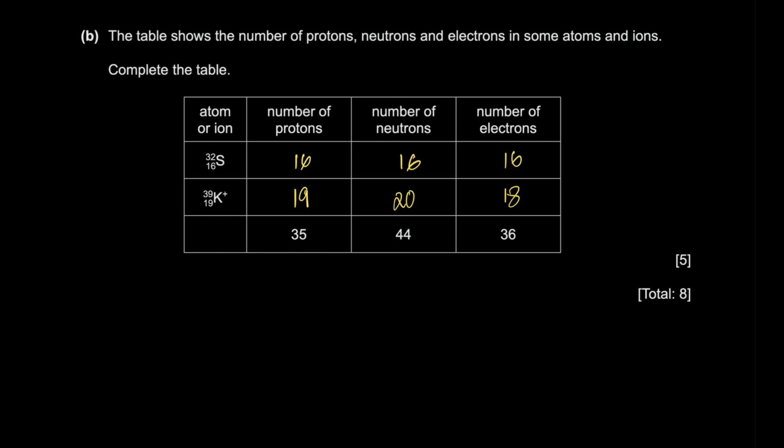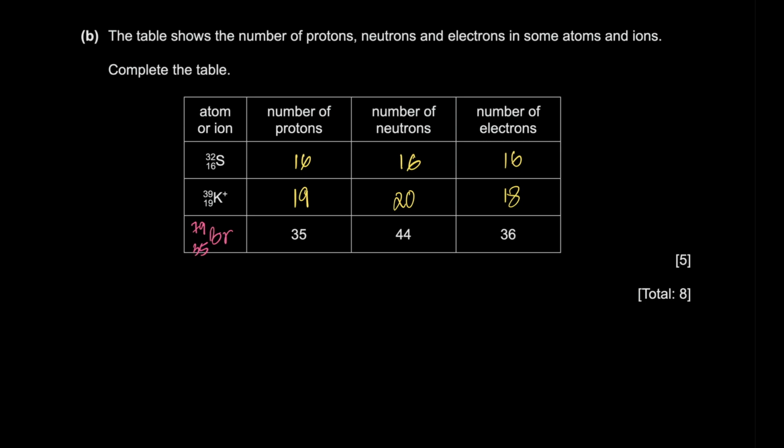Anyway, this is bromine. It's not bromine 35. 35 plus 44 is 79. It's bromine 79. You identify the isotope with the mass number.